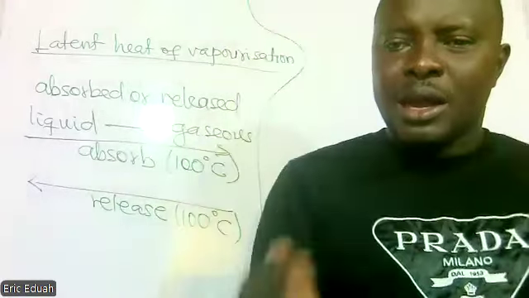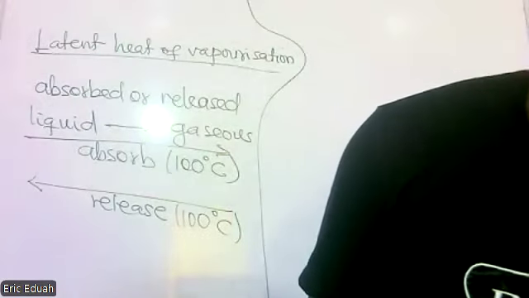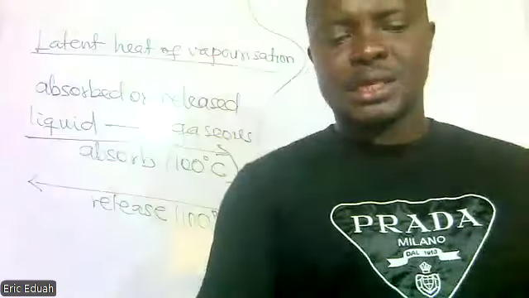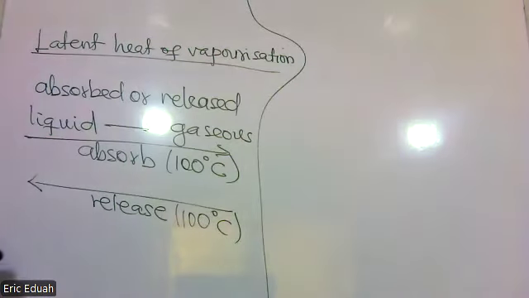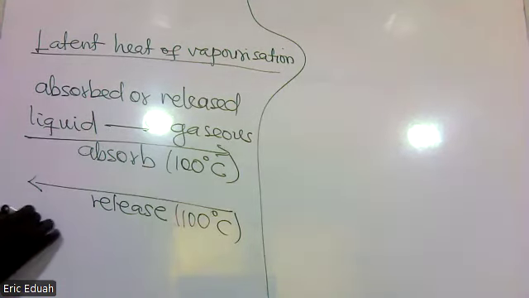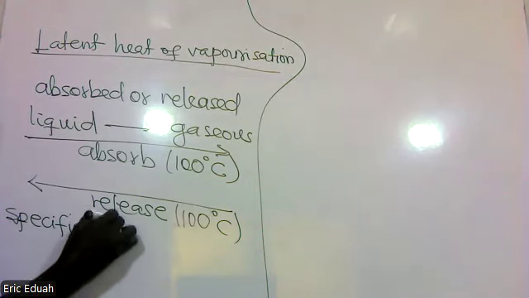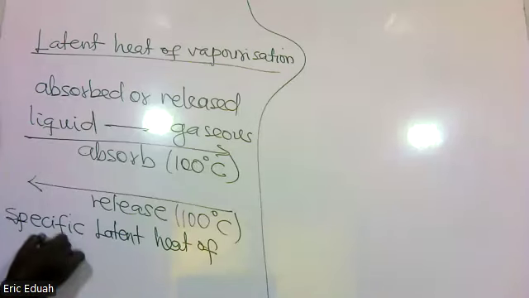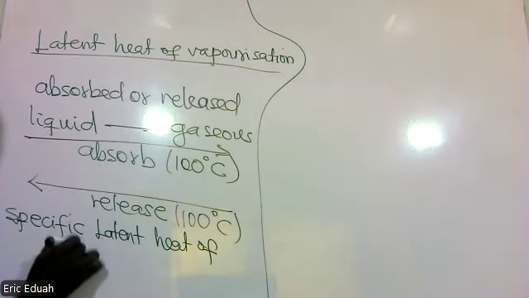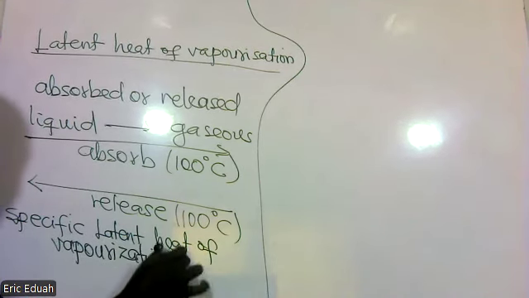Now, knowing the amount of heat energy that must be absorbed by 1 kilogram mass, or a unit mass, always makes the work easier. So we talk about specific latent heat of vaporization, which is L_V.